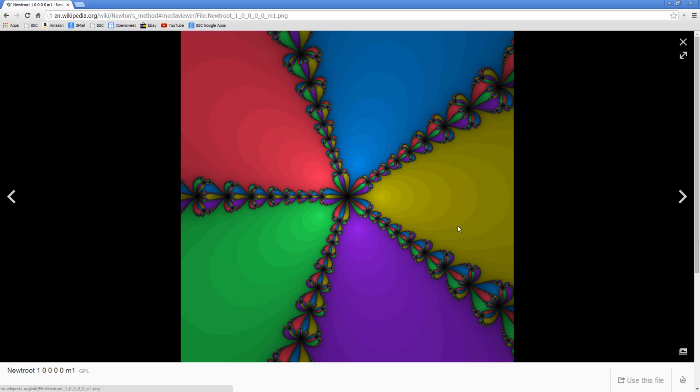And each one of these colors represents a different root. If you were to start, say, right here in this yellow color, this would iterate to this point right here. If you were to start in the purple color, it would iterate to this point here. But for instance, let's suppose you started right down here in this green color. This green would actually iterate over to this green color right here.